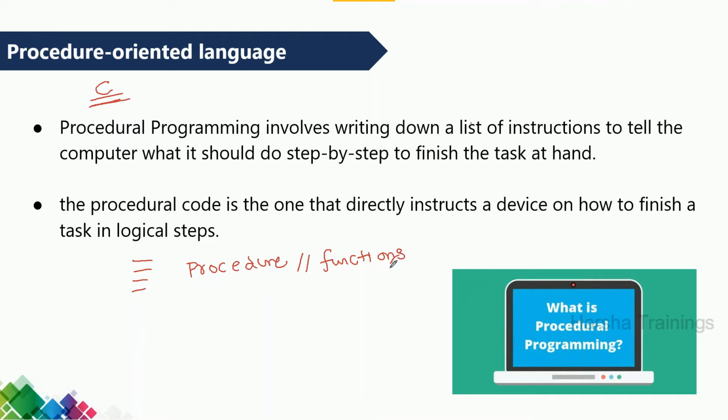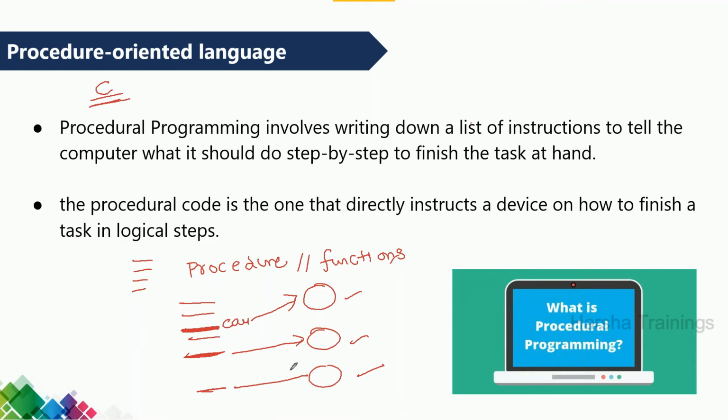For example, the first function is used to perform addition. Here, this is my original program, and this is function 1, function 2, function 3. So I am writing my logic as separate functions. Suppose at this particular point I require this logic, instead of writing the logic, I simply call this function.